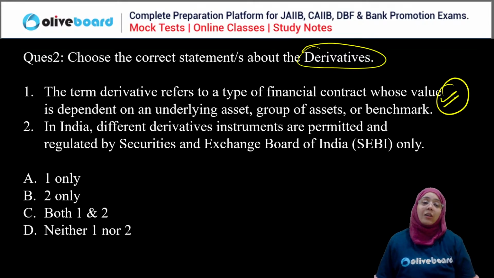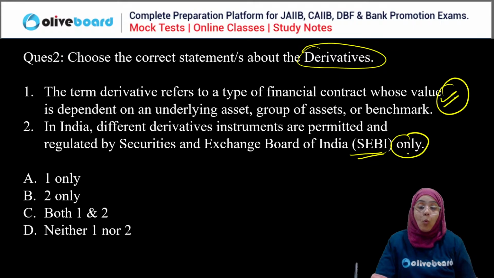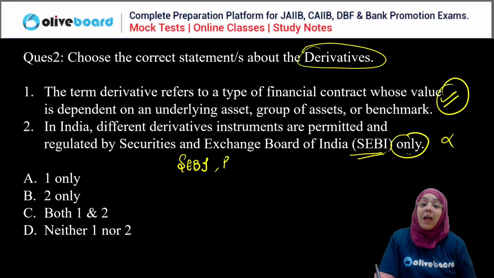All of you are not confused in the first statement, but in the second statement you are all confused. See, in India, derivative instruments are permitted and regulated by SEBI only. Because of this word "only", this statement is wrong. Because in India we have the self regulatory organization also, plus SEBI is also responsible for regulating derivatives.